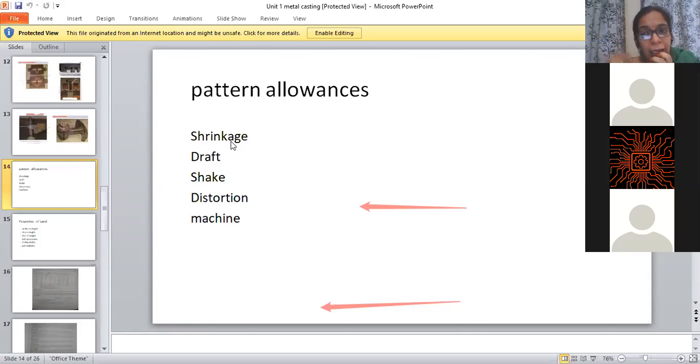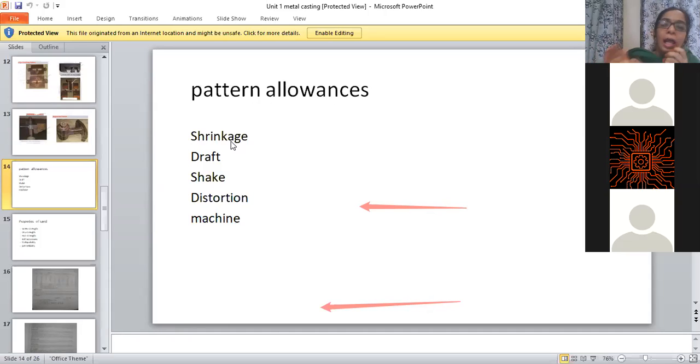When it solidifies, it changes its phase from liquid to solid, so it will shrink, right? In order to incorporate this shrinkage, you will give an extra allowance called shrinkage allowance. Again, it depends upon the material which you use.